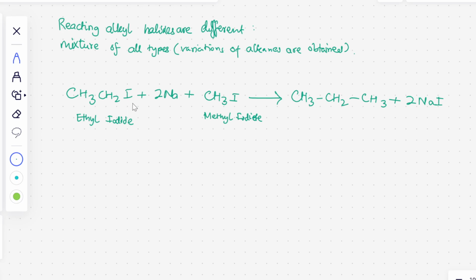But there's a catch here. This reaction surely would take place and give you an unsymmetrical alkane, but it would also react in this manner, giving you this.